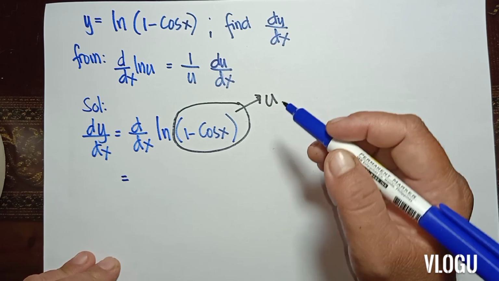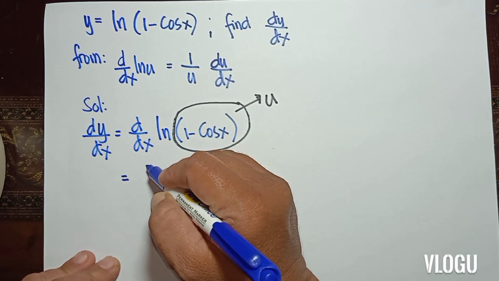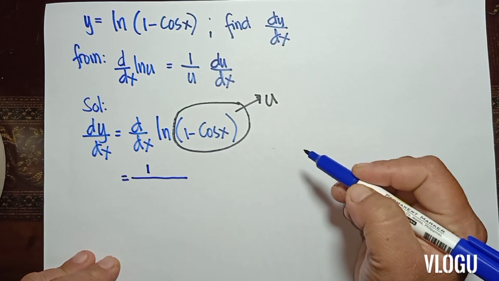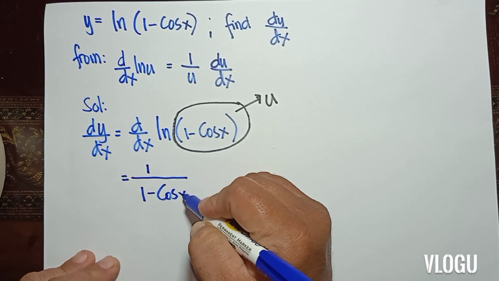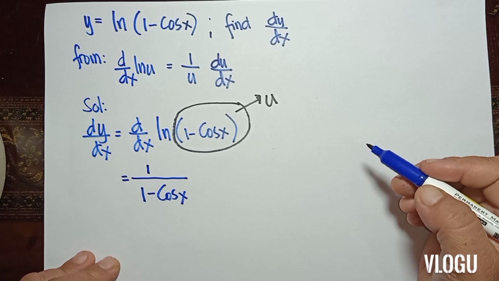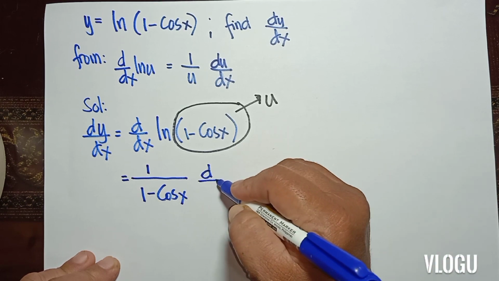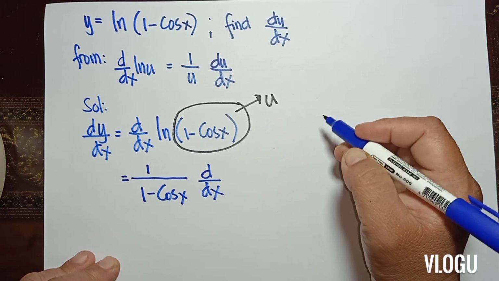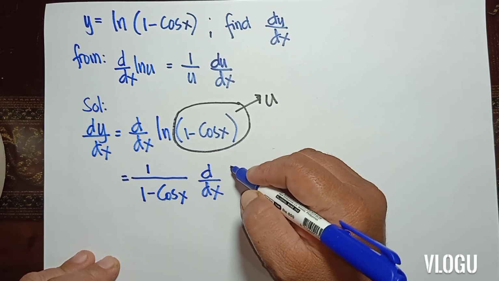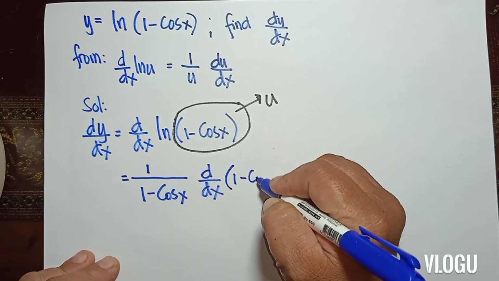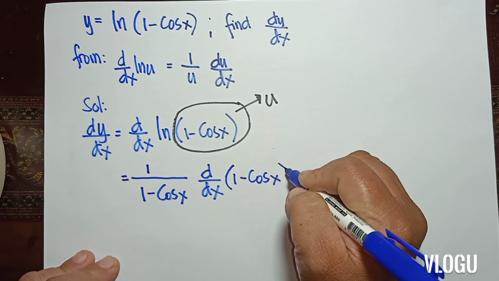So therefore, we have 1 over 1 minus cosine x, times the derivative d/dx of u. What is our u? 1 minus cosine x. So you will have the derivative of 1 minus cosine x.